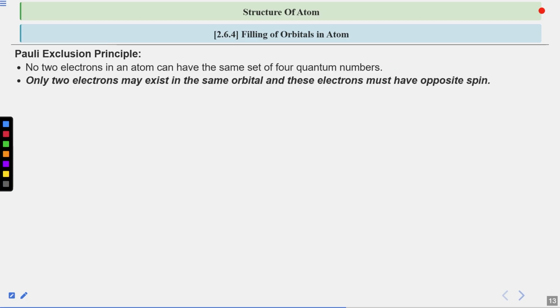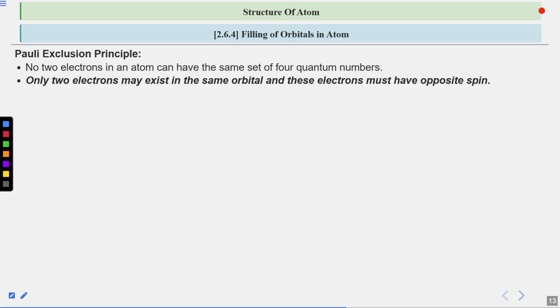The result of it was that no two electrons can have the same spin if they are present in the same orbital. And the second thing is that no orbital can have more than 2 electrons.